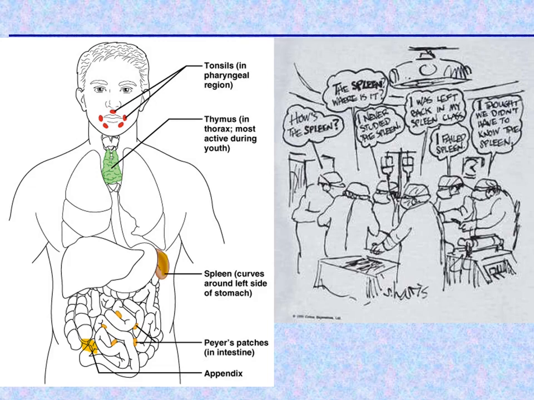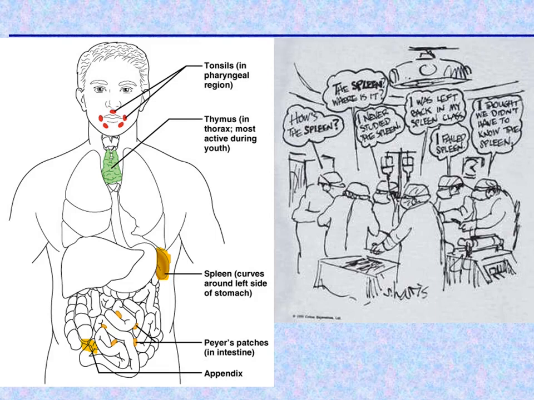People often don't know what the spleen does. In fact, and I'm sure I have it on a later slide here, what the spleen really does is act as a filter on the blood, because blood enters and percolates slowly through it and can interact with lymphocytes there.